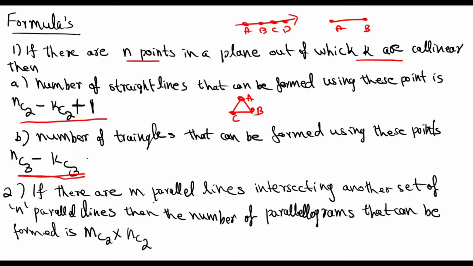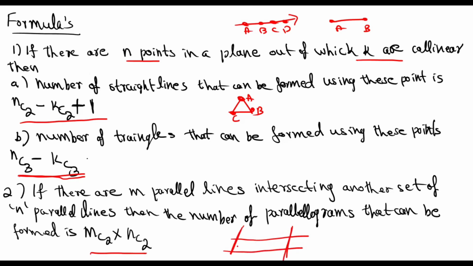See the second formula. If there are m parallel lines intersecting another set of n parallel lines, then the number of parallelograms that can be formed is MC2 into NC2. See here, one parallel line, 2, 3, 4. I am taking 4 lines.